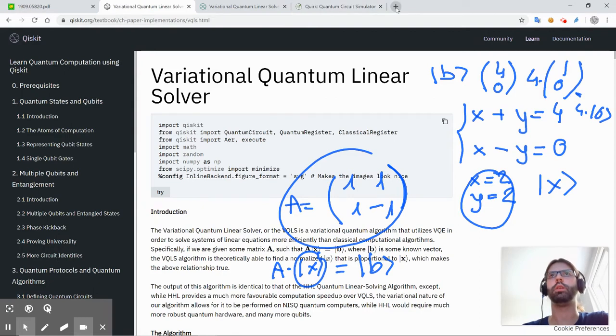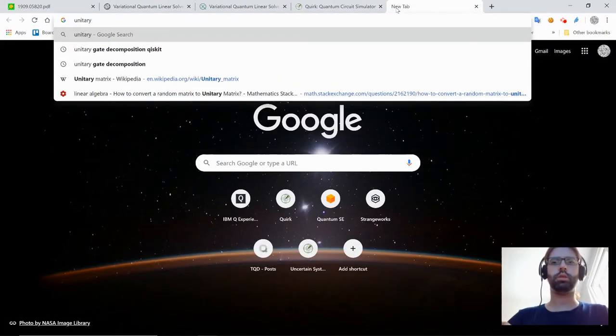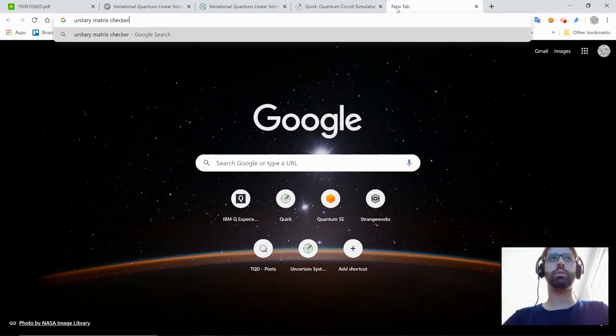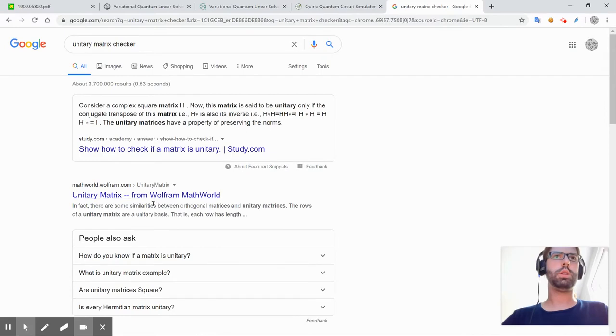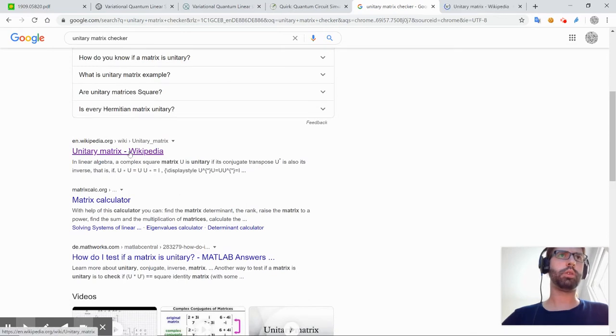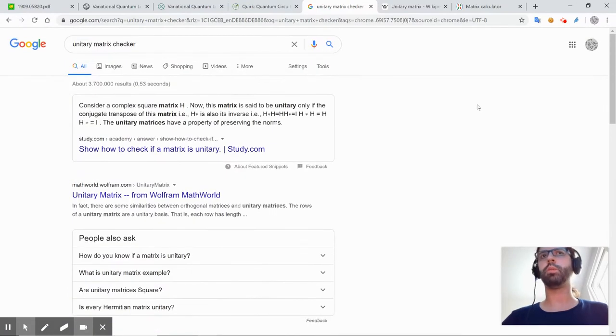Can I check unitary matrix checker or something like this? Unitary matrix calculator. It's probably not unitary.